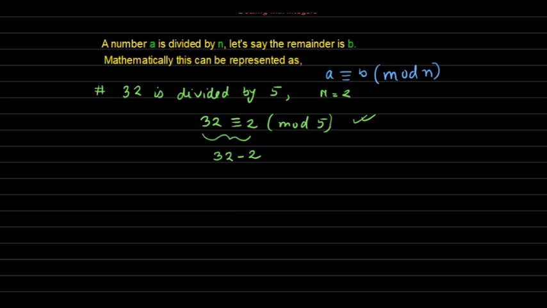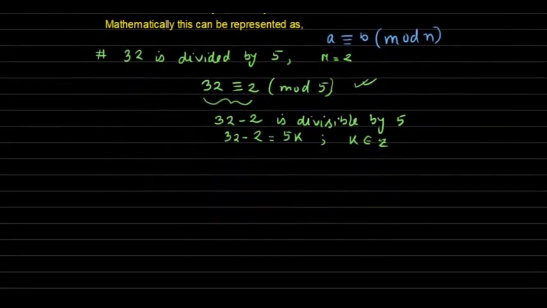That means 32 minus 2 is divisible by 5, so we can write 32 minus 2 equal to 5k, where k belongs to the integers.